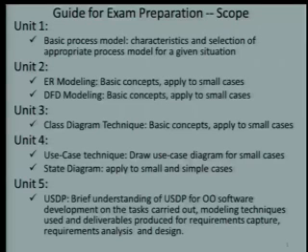I think it's one of the questions in tutorial 2, tutorial 3, I guess. Yeah. All right. So small case is something along that line. And ER modeling is also small case.